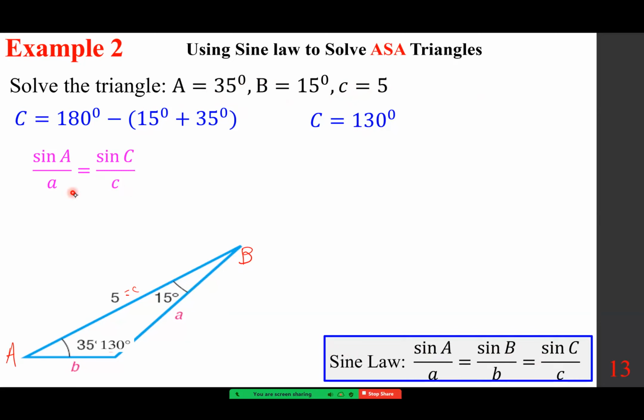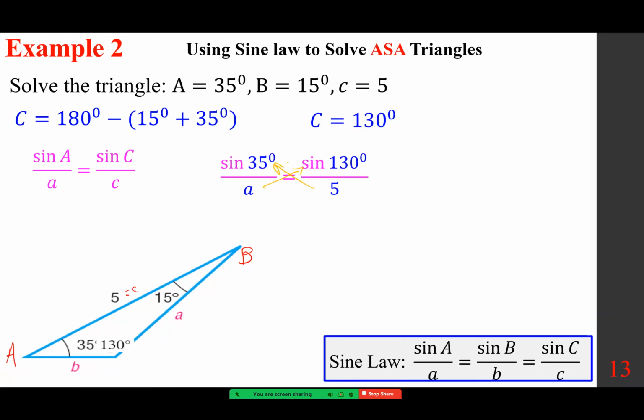So let's start with sine A over a. So sine A, sine of 35 degrees over lowercase a, which we don't have. Sine C, sine of 130 degrees, over lowercase c, we know it to be 5. And now again, everybody is comfortable with the cross product. I don't want to waste too much time.